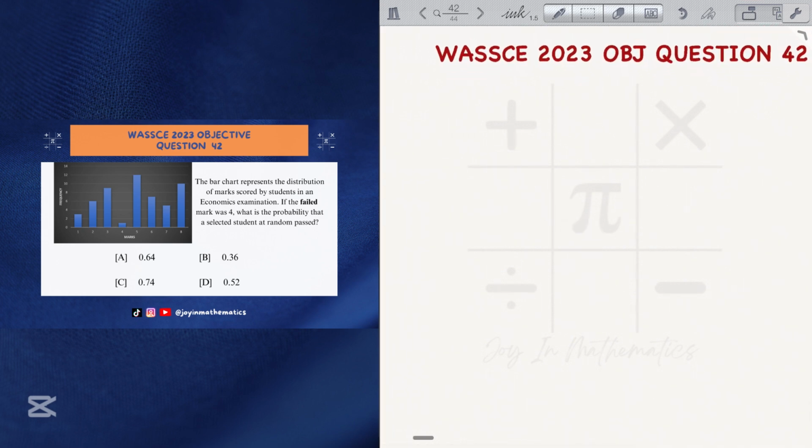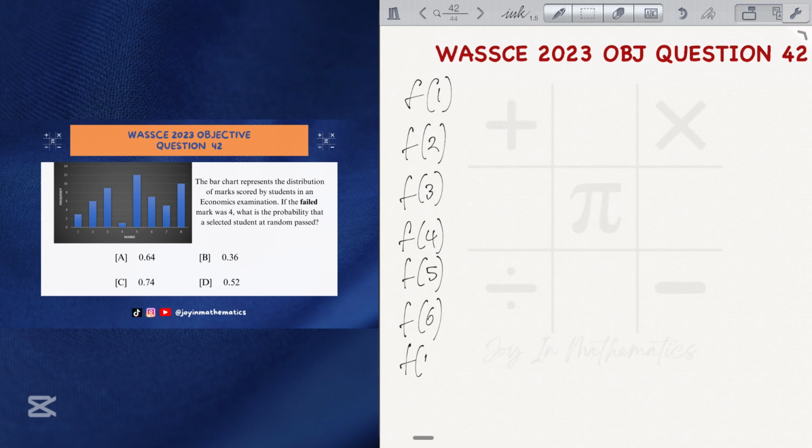We have the marks ranging from 1 to 8 and the frequency of the students that scored those marks.